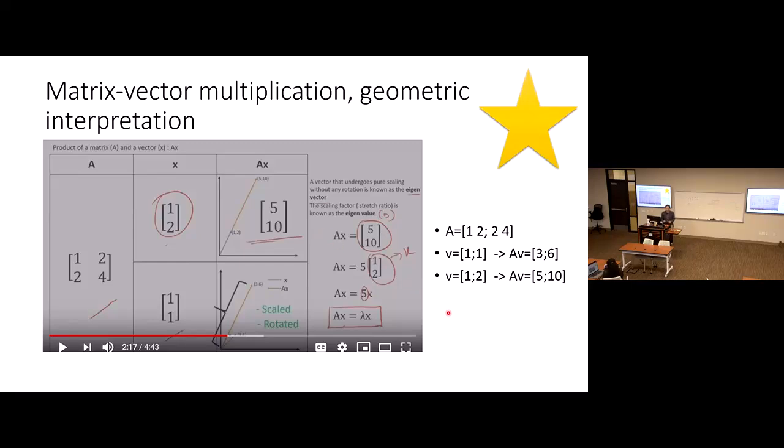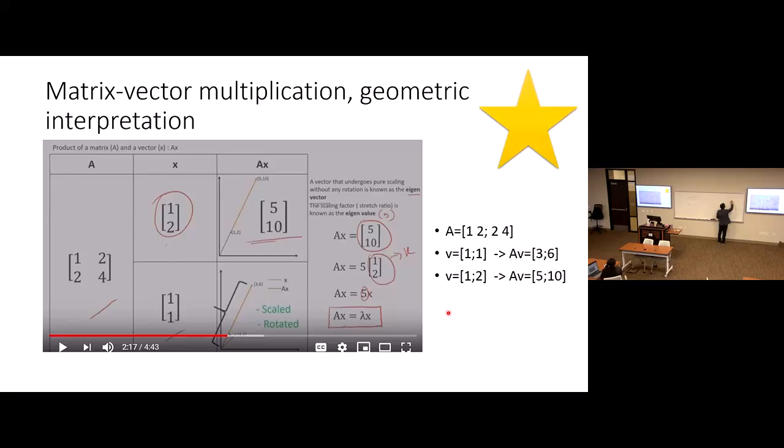Now, let's introduce the concept of a rotation matrix and its geometric interpretation. I use this example to show that a matrix can be an operator, as I said.